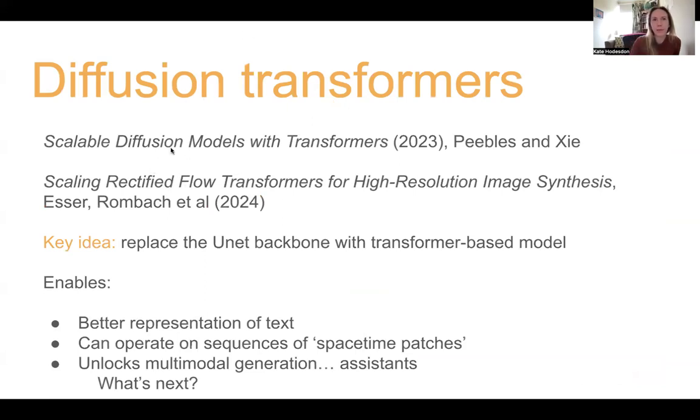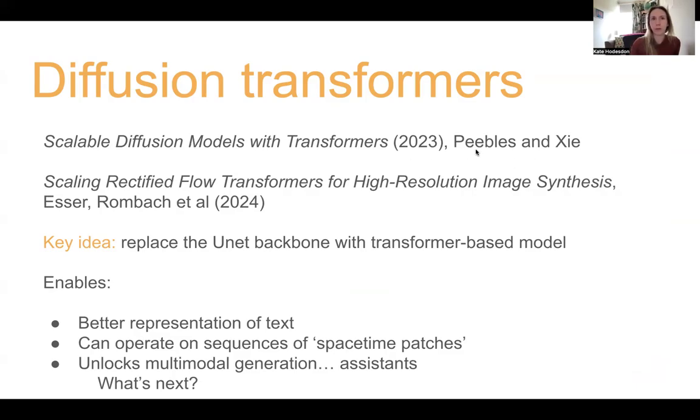That ability to render text in image gen models was achieved by a modification to the latent diffusion architecture. The new architecture, called diffusion transformers, was introduced by Peebles and Xie.